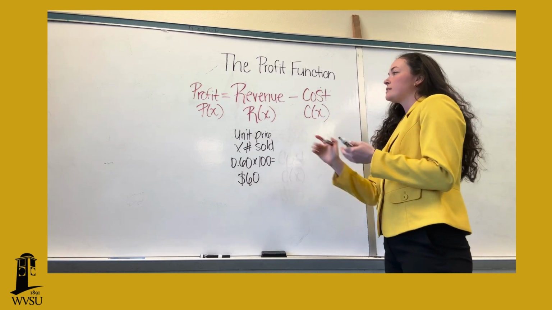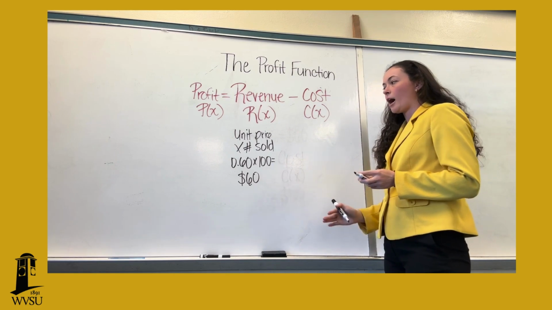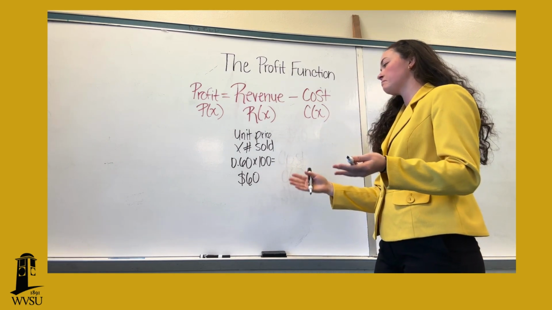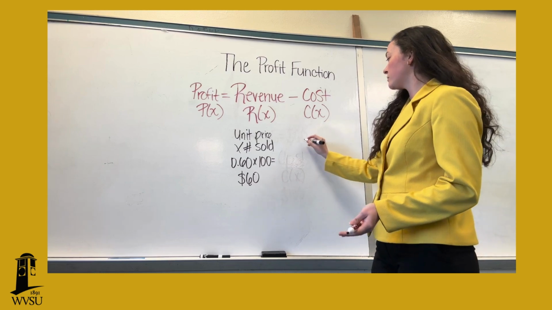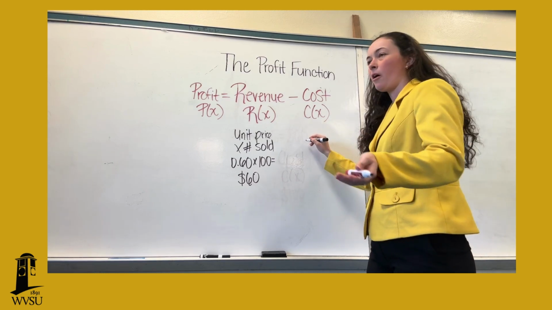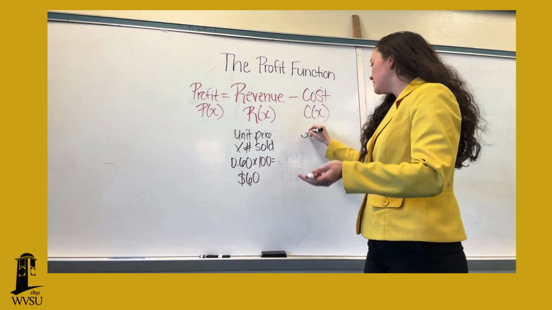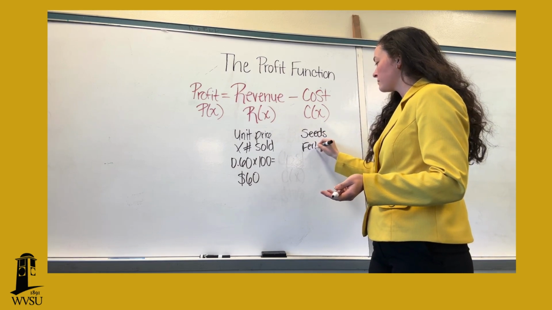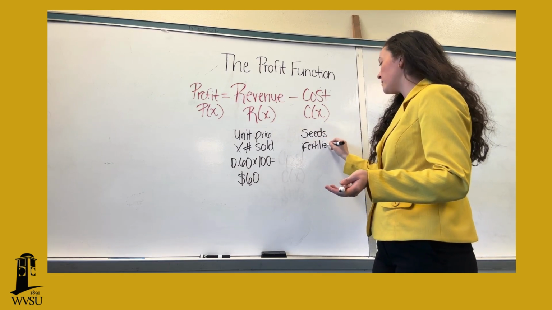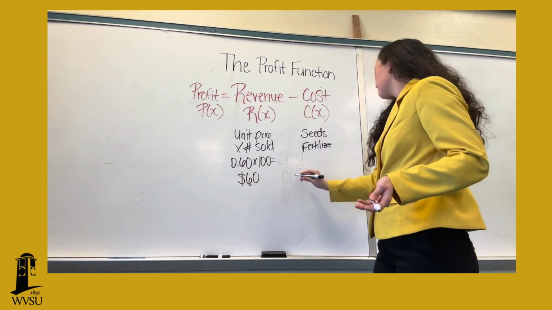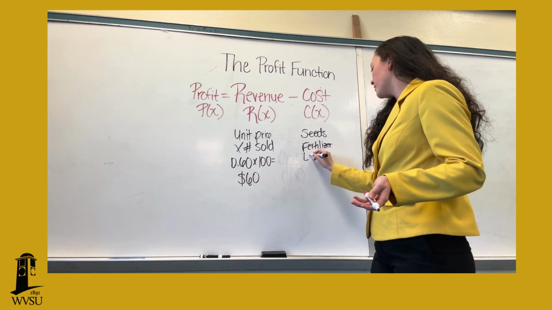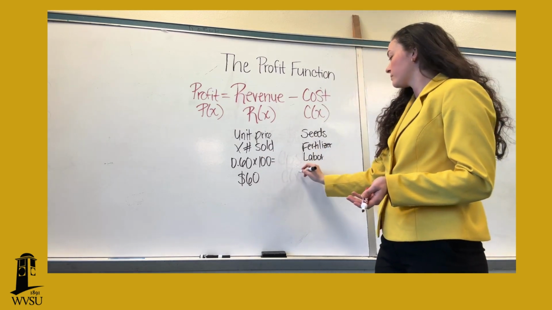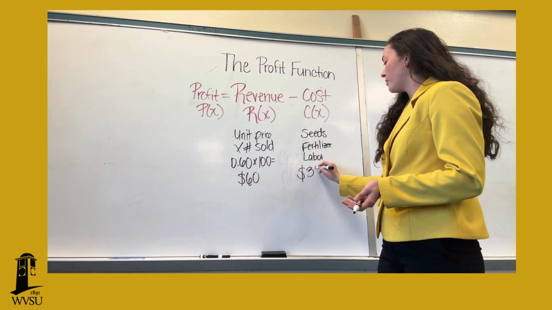So let's say, for example, in our apple problem, that we had to spend $30 total. We added up our seeds, some fertilizer, and maybe we paid a friend as well for their labor to help us pick those 100 apples. And we spent a total of $30.